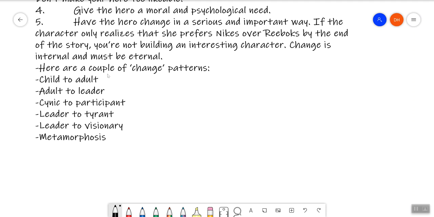Leader to visionary is similar, where the leader basically becomes something more than just a leader, a visionary in this sense. Think about somebody like Martin Luther King, right? He was an amazing leader, and pastor and speaker, but because of the kinds of change that he was trying to enact in the United States, he really did become a visionary.